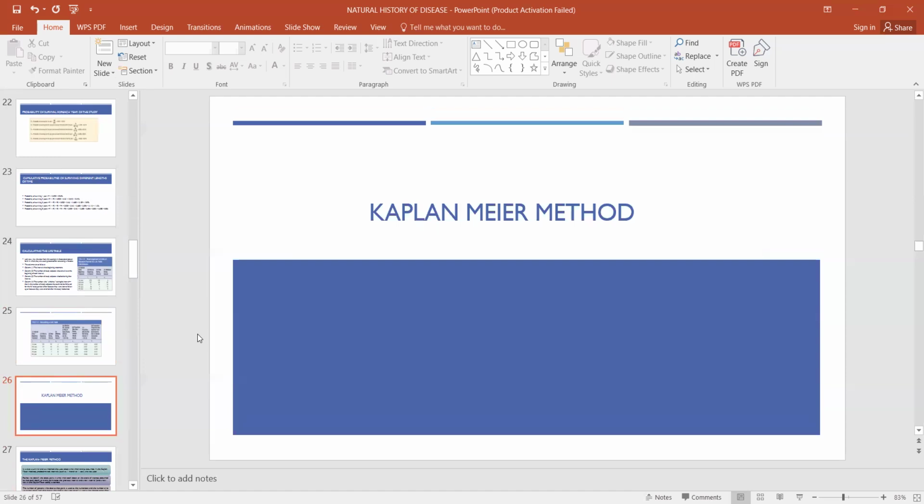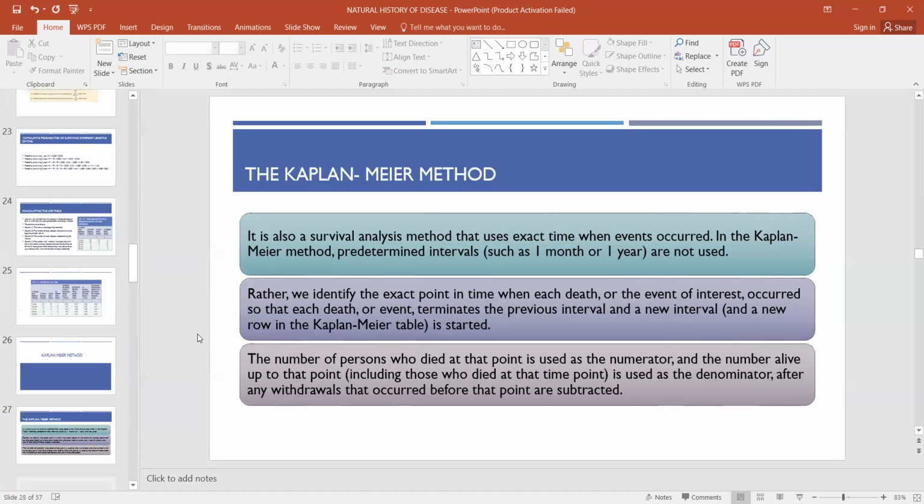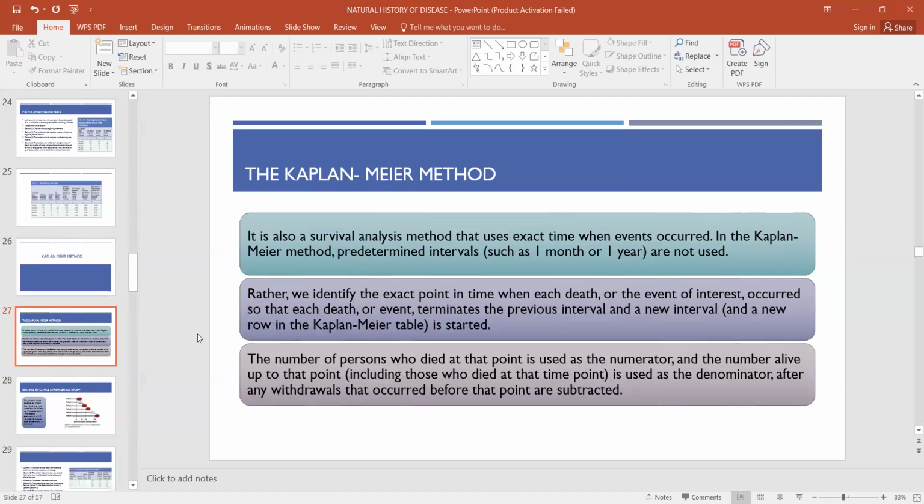Next is the Kaplan-Meier method. The Kaplan-Meier method is also a survival analysis method that uses the exact time when the event occurred. In the Kaplan-Meier method, predetermined intervals such as 1 month or 1 year are not used.